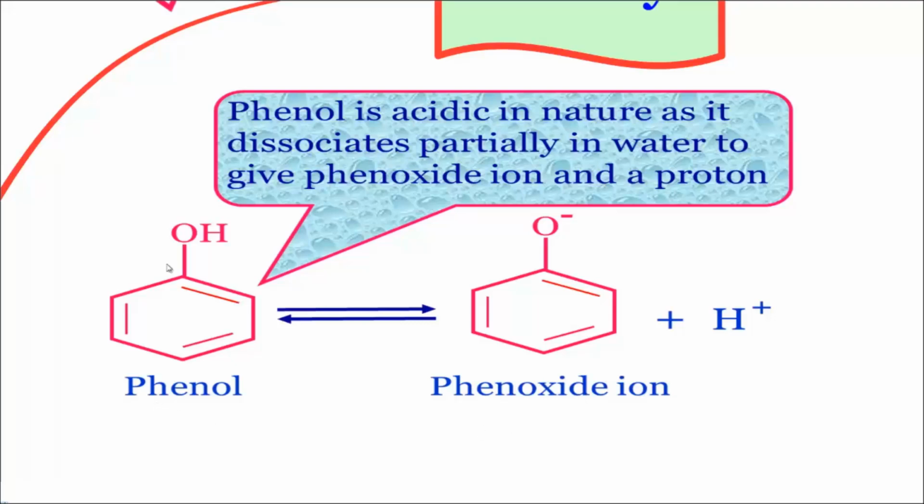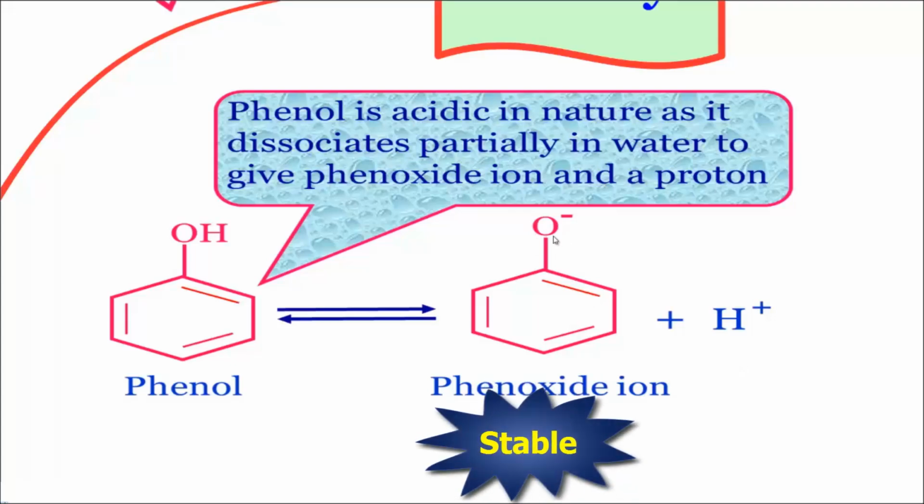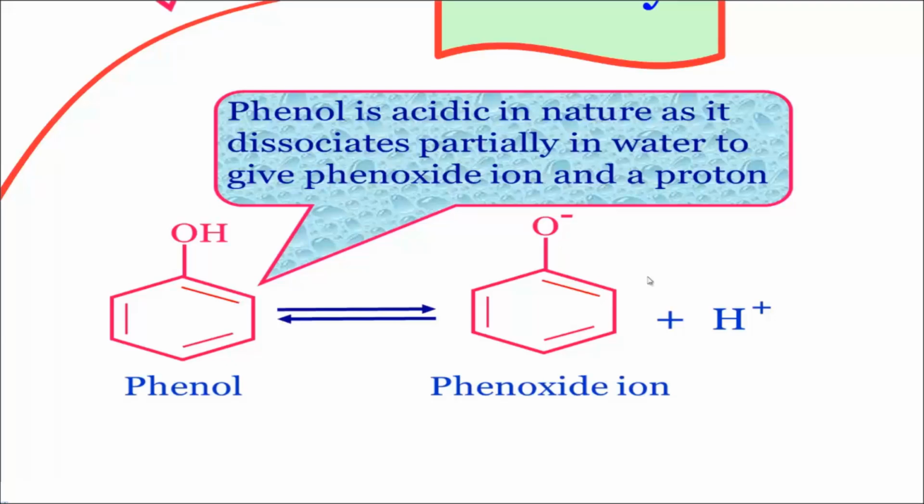Now, because of the presence of the proton, or the H plus ion, in the solution, it contributes to the acidity of phenol. The point to be noted here is, as long as this phenoxide ion remains stable, that means it remains as a phenoxide ion, the H plus ion in the solution will be there contributing to the acidity of the phenol.